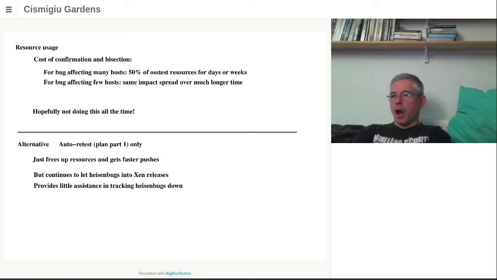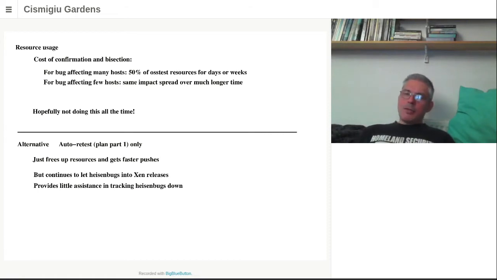If it's a host-specific bug, then it uses much fewer resources, obviously, because it can only test it on those particular hosts. And it will use a lot of those hosts to hunt the bug down.